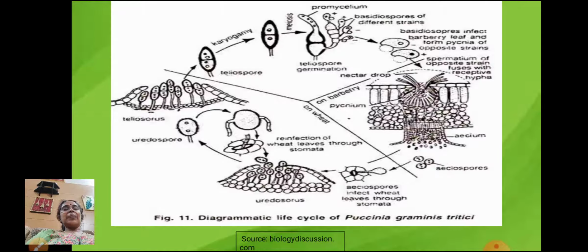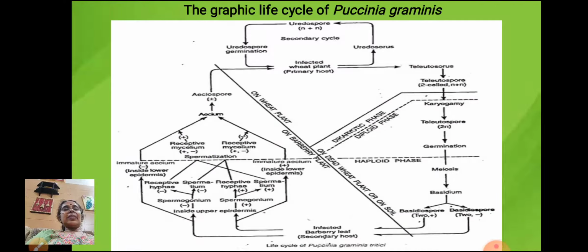So, this is the diagrammatic life cycle of Puccinia graminis. The wheat plant produces urediospores initially, and these urediospores keep on increasing and cause infection from one plant to another plant till the whole crop is infected. The second type of spores is the teliospores.